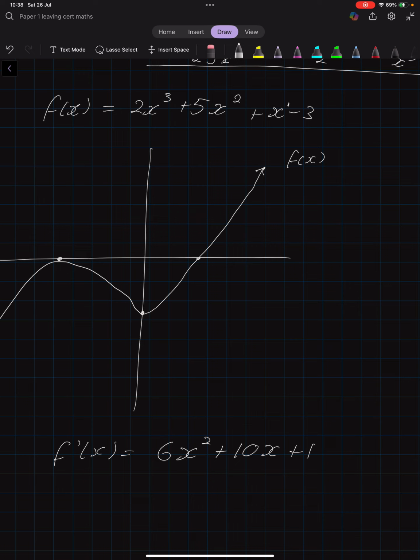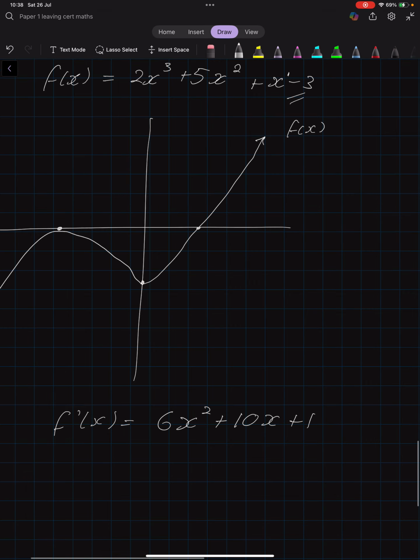The 1 comes down, I get x to the power 0, that's just 1. So it's 1 times 1, so it's just 1. And then minus 3 differentiated is 0. Okay, so remember, minus 3 is a constant. And therefore, the derivative is 0 because it doesn't change. Okay, very important. Okay, so that's the slope.